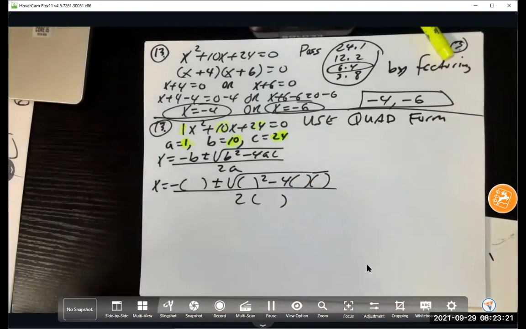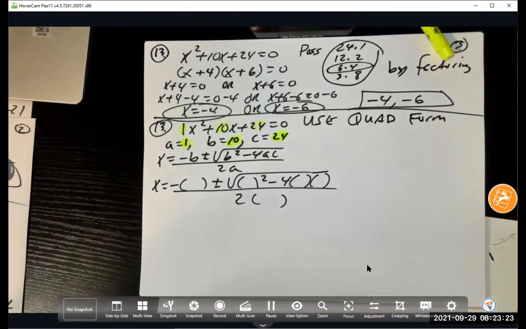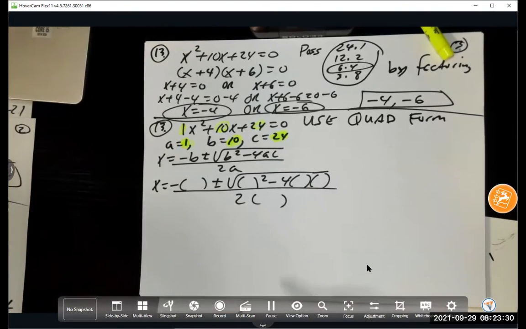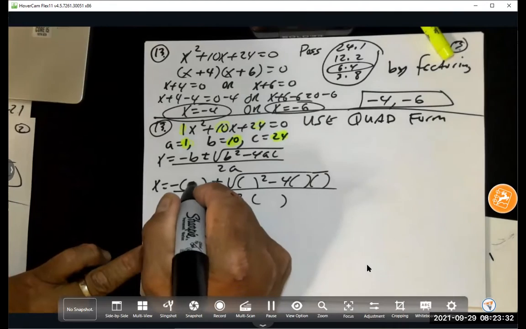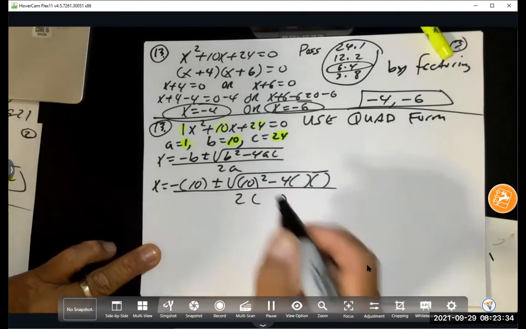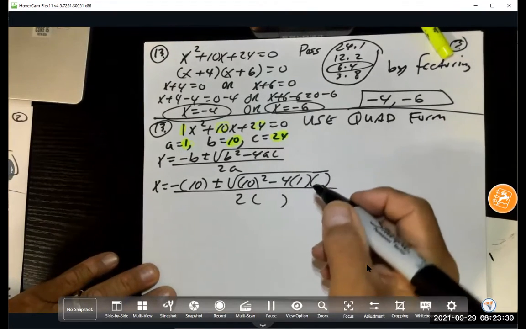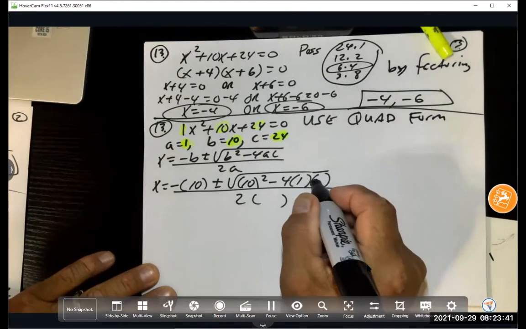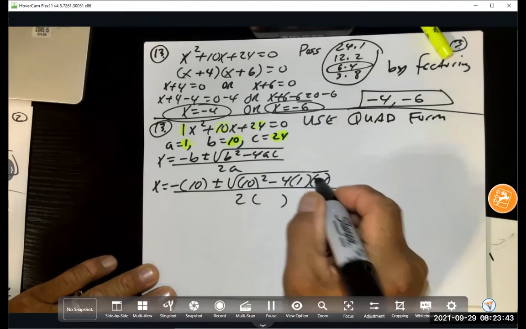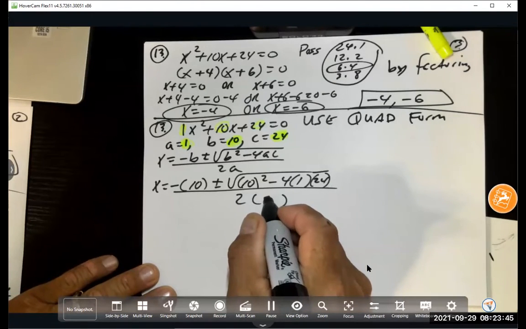What is letter B? 10. And what is letter A? 1. What is letter C? 24. And what is letter A? 1.